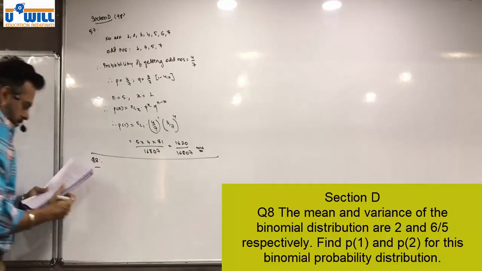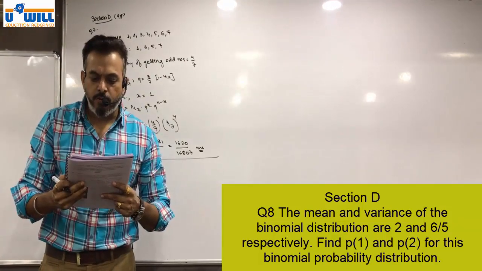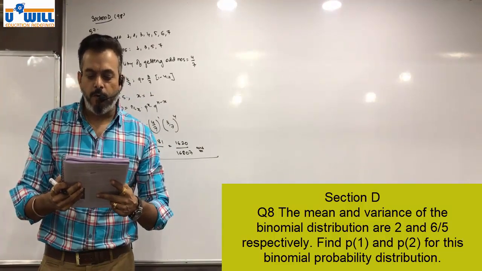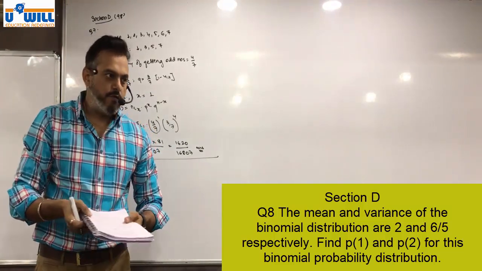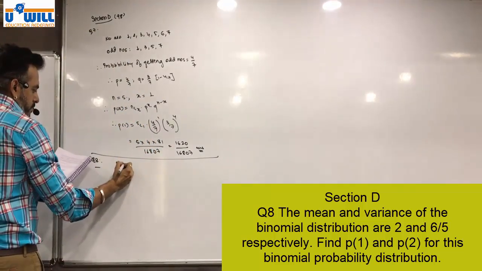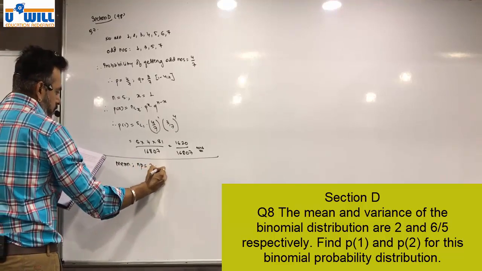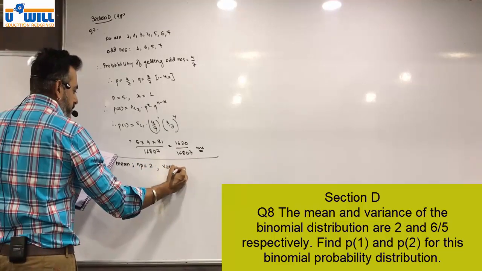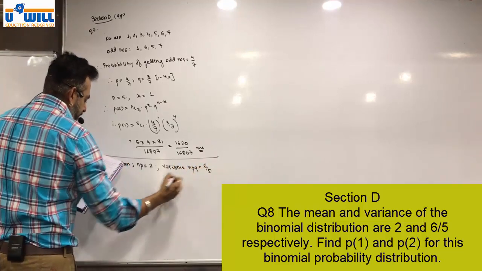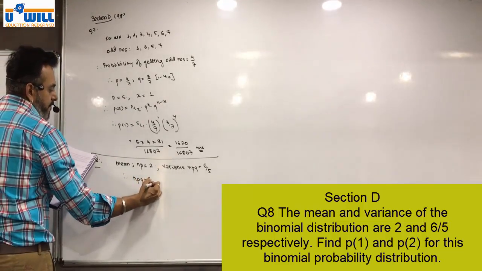Question number 8. The mean and the variance of binomial distribution are 2 and 6 by 5 respectively. Find P1 and P2 for this binomial distribution. So mean, that is NP, is equal to 2, and variance NPQ is equal to 6 by 5.